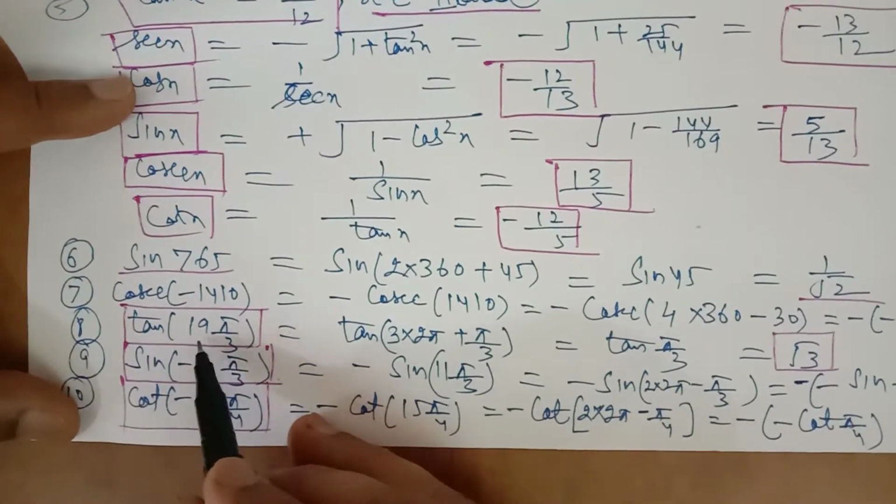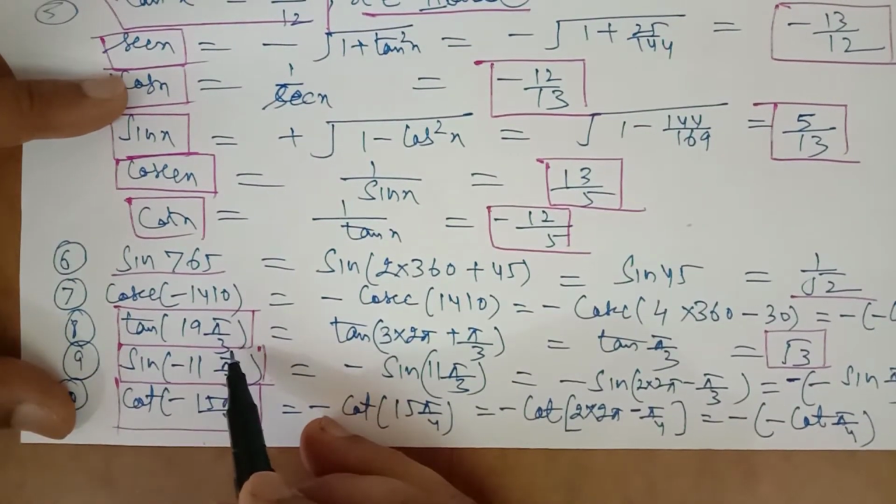Now 19 pi by 3. You have to break it into multiples of 2 pi.